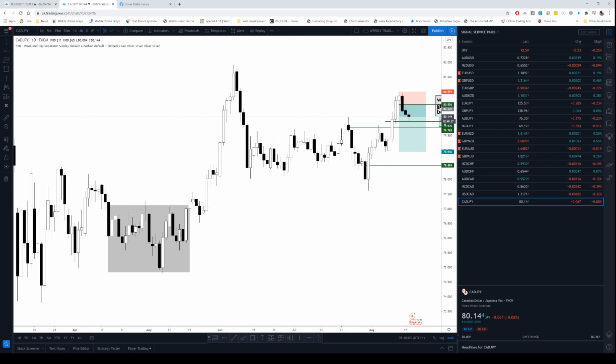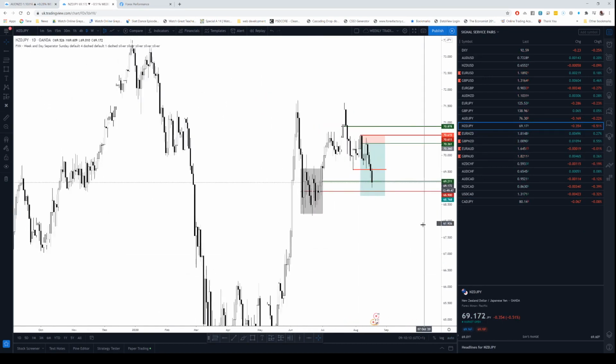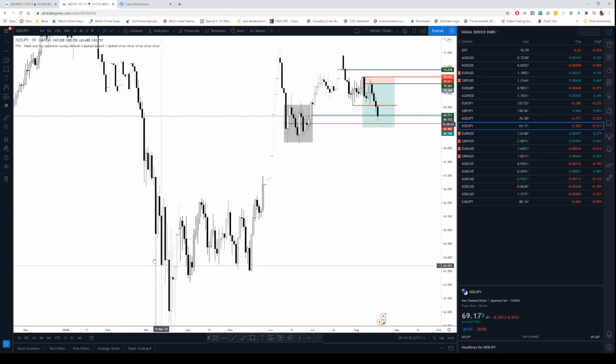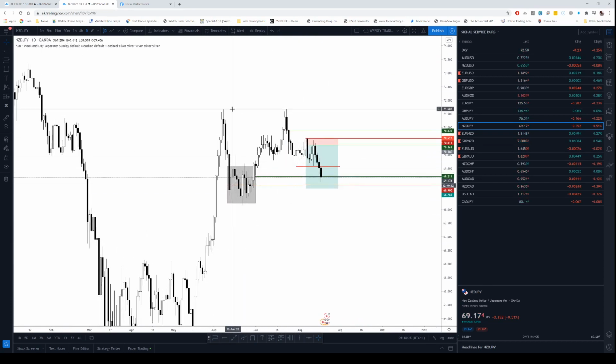And then for reversal, let's go into New Zealand Yen. So we had a consolidation in here, price expanded up, retracement, consolidation, expansion, we went to take out this high, and after taking that high, price reversed, so we went into a reversal.